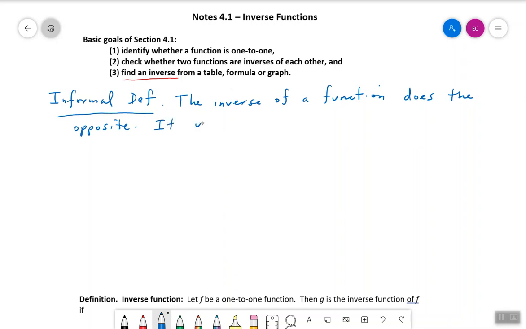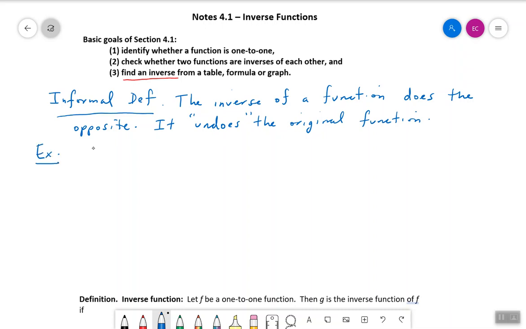It undoes the original function. And so let's have an example.